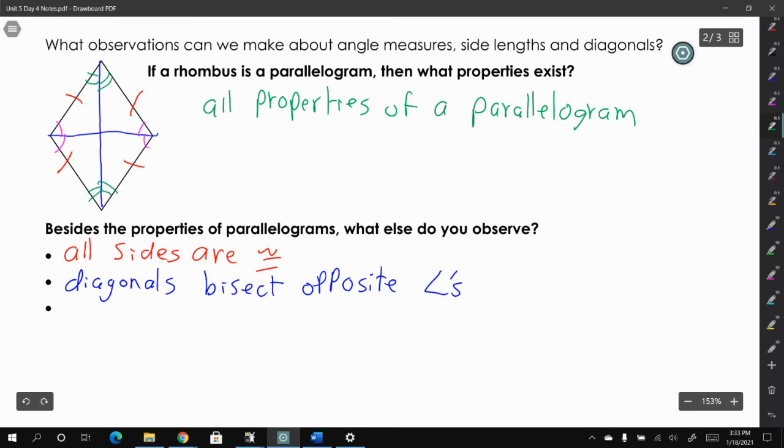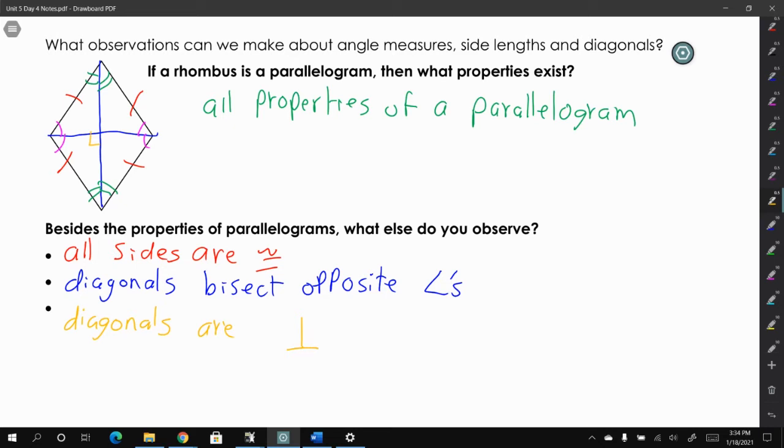Notice that the diagonals aren't congruent, but they bisect these opposite angles. And then the last one, the diagonals are perpendicular. Remember that upside down T is a symbol for perpendicular. So we have a right angle there.